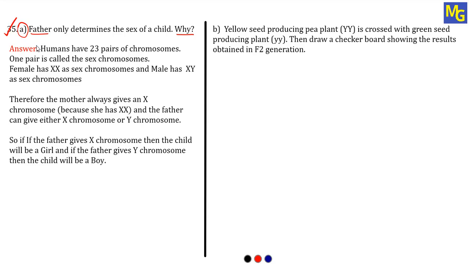After fertilization we get a zygote, and that zygote divides continuously and becomes an embryo. The embryo grows and becomes a fetus, and it takes approximately 9 months, after which a new young one is born. In that case, only the father can determine the sex of the child. This is the statement which is given and we have to tell why.